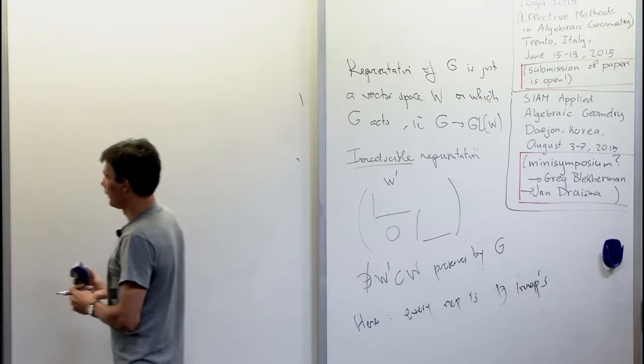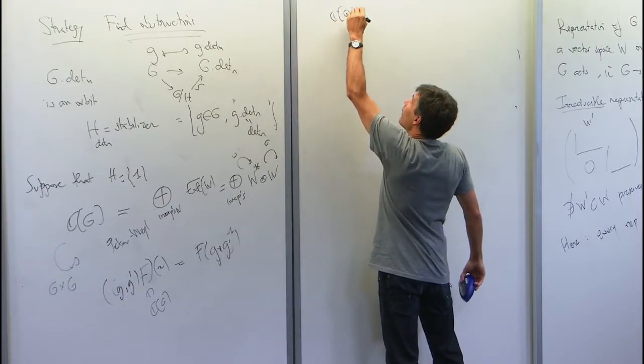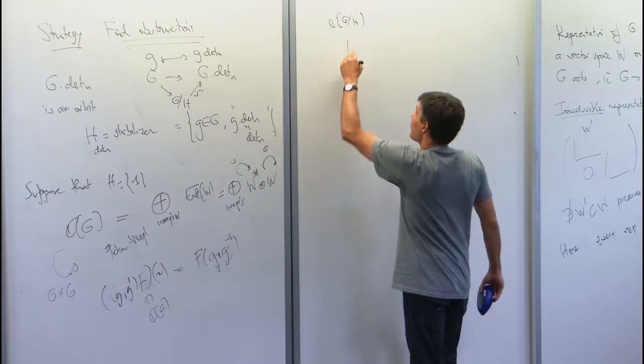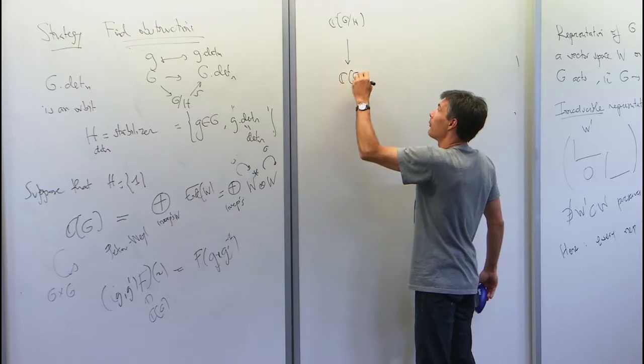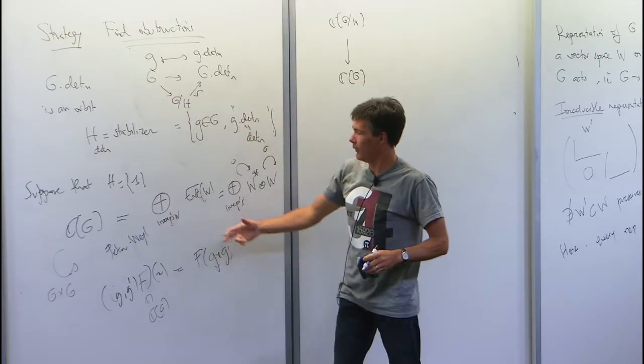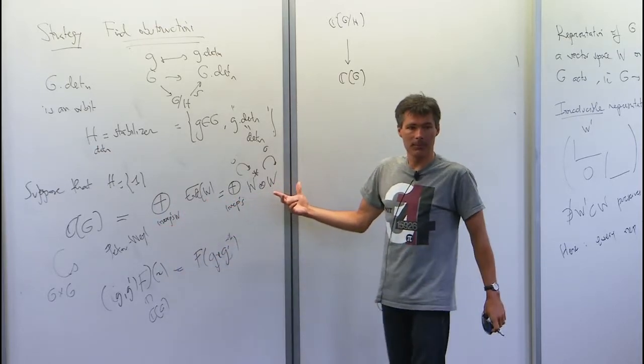Now when you go to G mod H, what happens? Of course, when you have a function on G mod H, you can pull back to G to get a function on G. So we have something inside this direct sum.